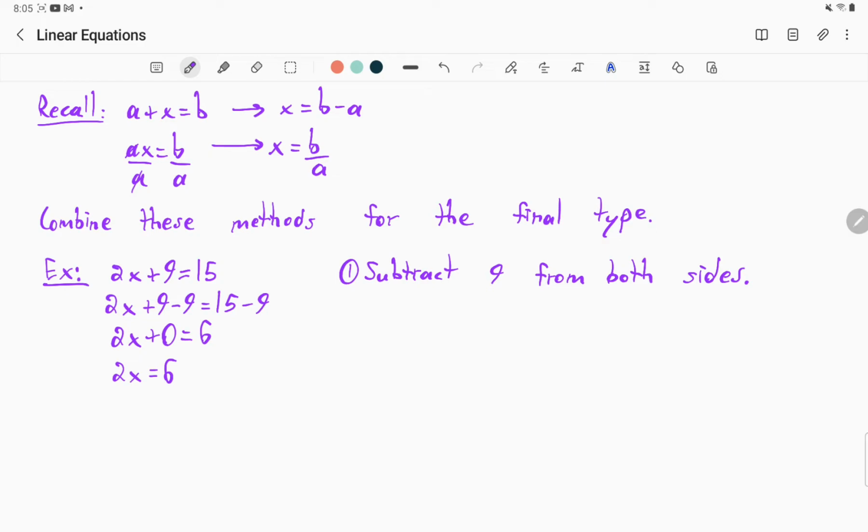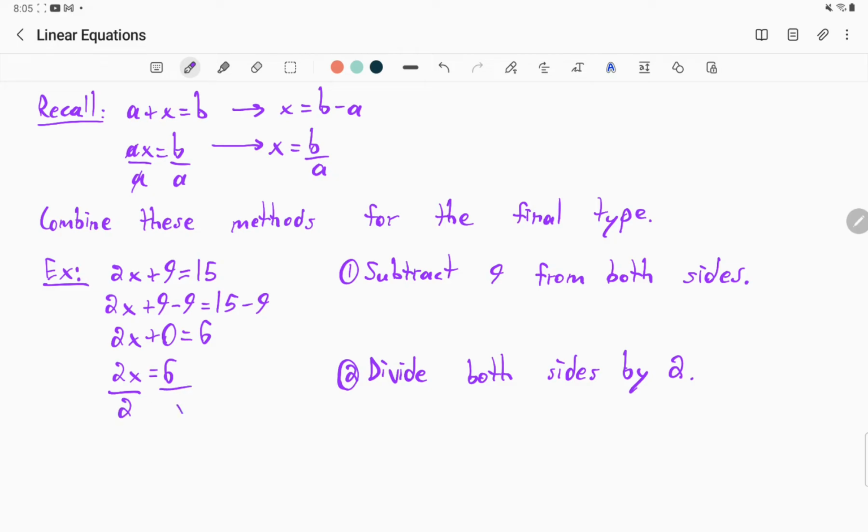I'm just simplifying. Okay, step 2, divide both sides by the coefficient of x. That would be 2. So that's the form ax equals b now. You see it's really not that different than anything we've done so far. Just one extra step. We're combining the two.